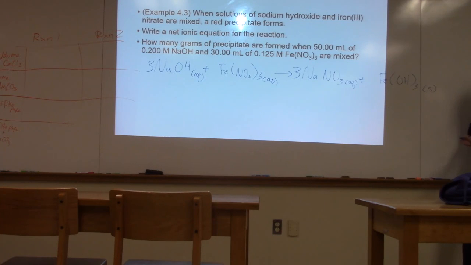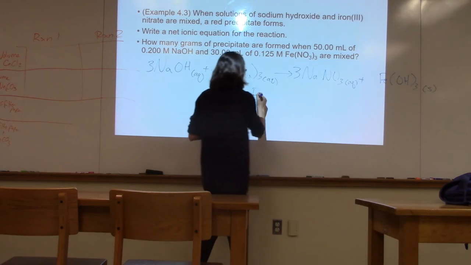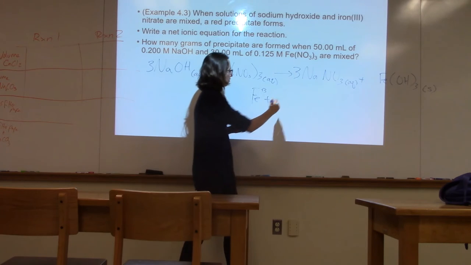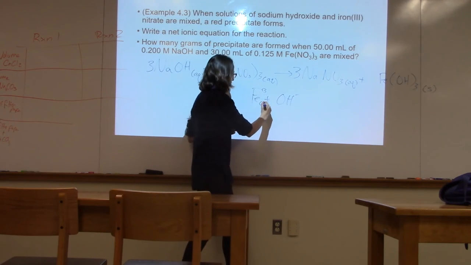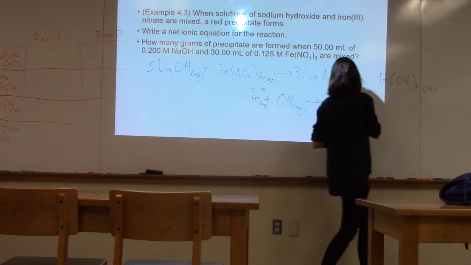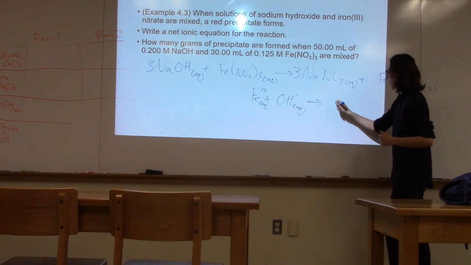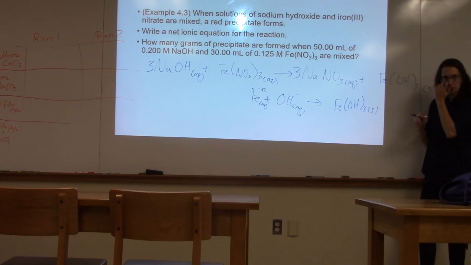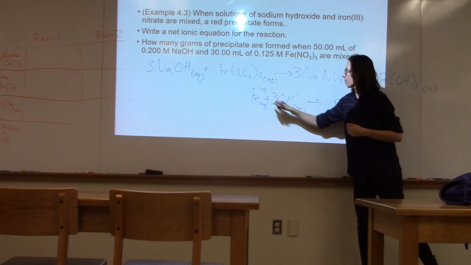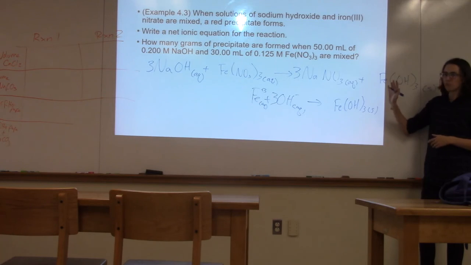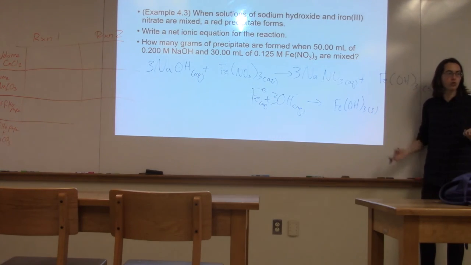So it's Fe3+ plus OH minus, giving Fe(OH)3. Balanced? The key for balancing is the same number of atoms on both sides, and also the same total charge on both sides.